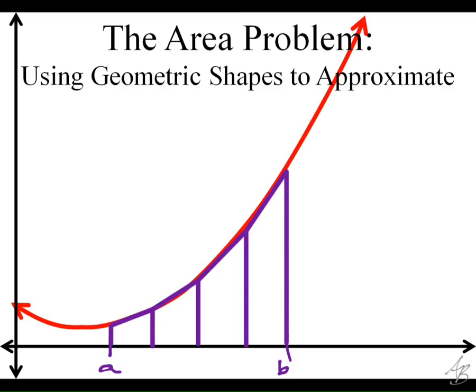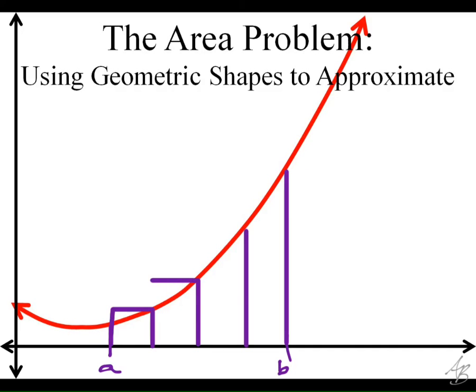The important thing to understand, and this is what's going to allow us to go from approximating using these shapes to finding the exact value, is that the more and more rectangles we add, what's going to happen? The closer to the actual answer we're going to get. And what we need to understand, too, is that it doesn't matter which one we use. I'm going to use the right endpoints here to demonstrate this.